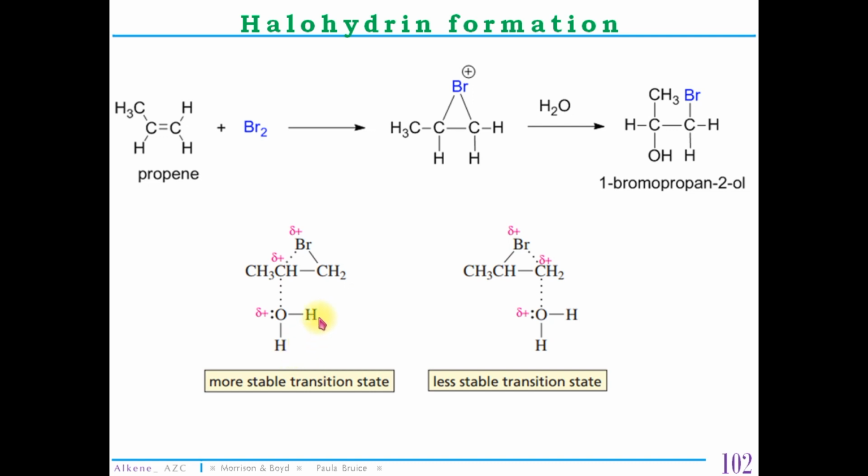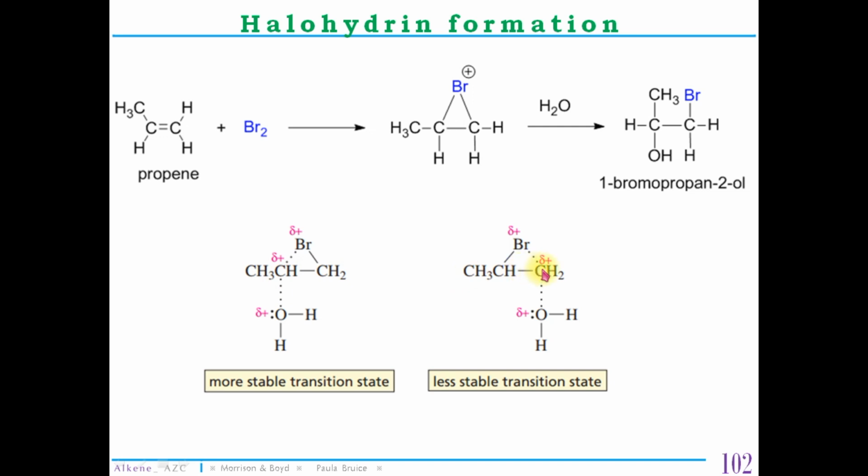The more stable transition state is when the hydroxyl group adds to the second carbon, because in the transition state this carbon partially gets positive charge, and we know in stability of carbocations tertiary is more stable than secondary and secondary is more stable than primary.